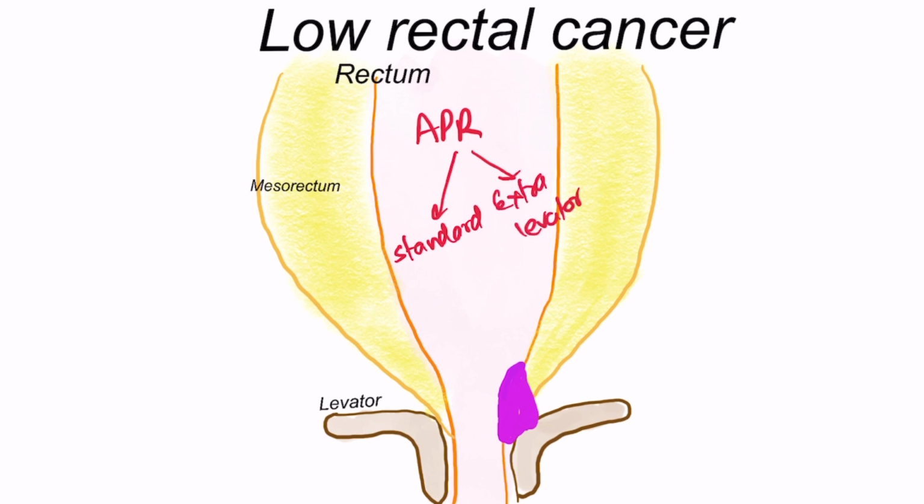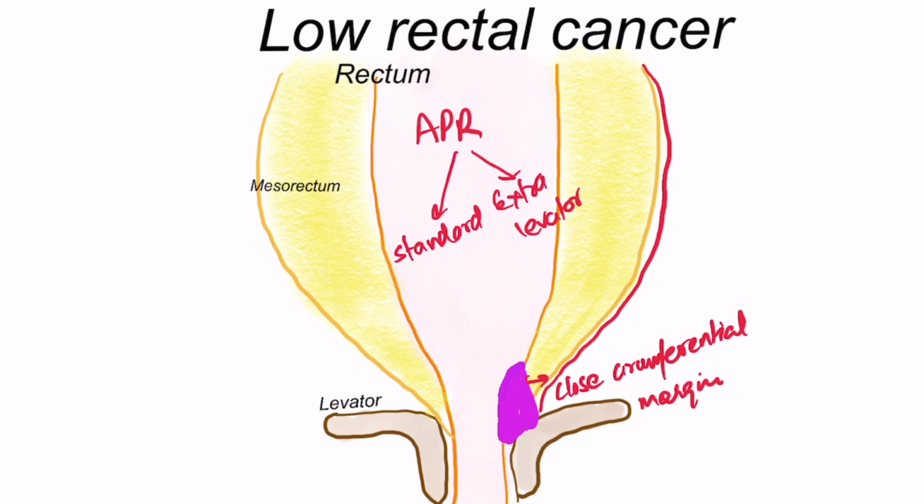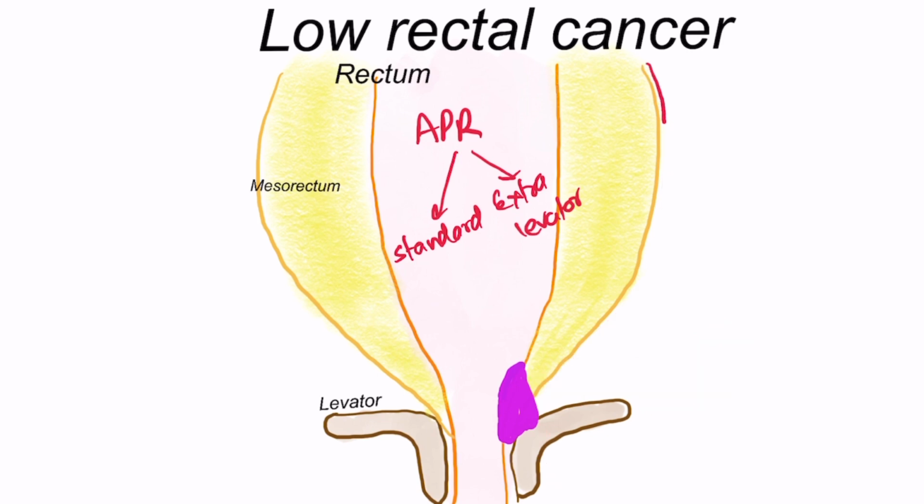In standard APR, while doing mesorectal excision, as we follow curve of mesorectum, there is tendency to come close to tumor due to coning near pelvic floor, as mesorectal thickness narrows, thereby increasing chances of recurrence. This is called narrowing of waist. In extralevator APR, wide margin is taken by coming vertically down and cutting pelvic floor away from tumor. This is also called ELAPE.